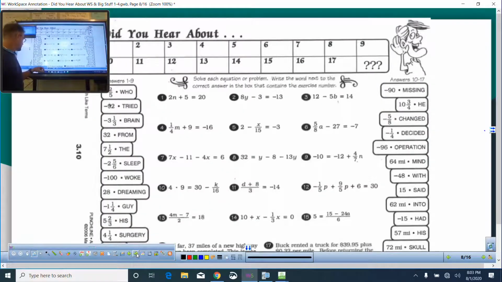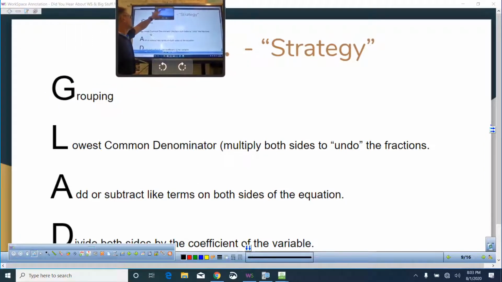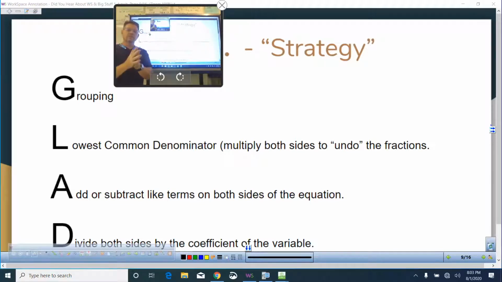GLAD is a strategy that says simply we're going to start with grouping. That means you're going to either group the like terms together, or you're going to use distributive property through the parentheses. You're going to do your grouping symbols with like terms or parentheses.